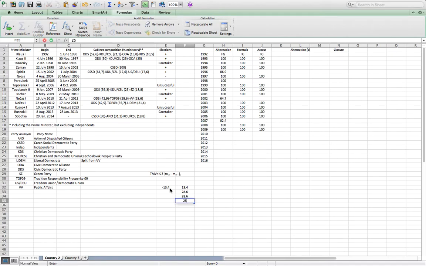So the result is the percentage of ministers in the government. These are the absolute values. You add this up and divide it by 2. And we get an index over 50, so we just copy the index.